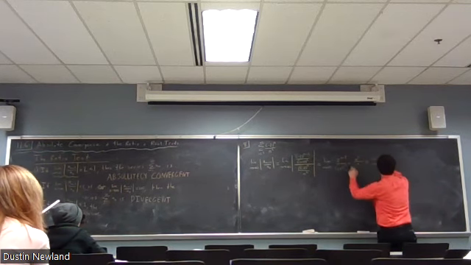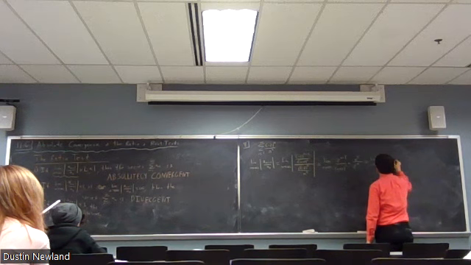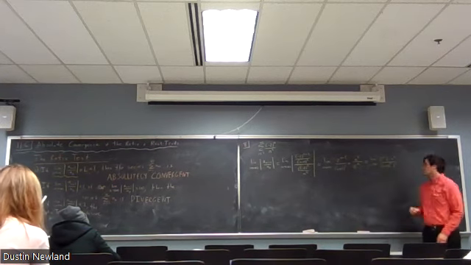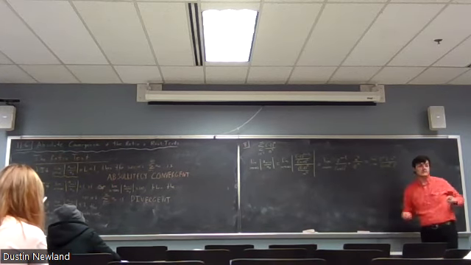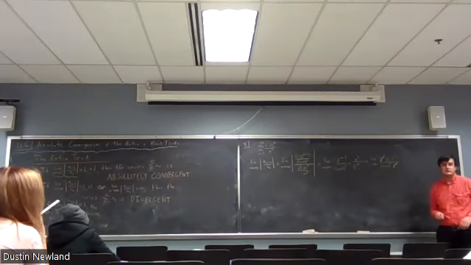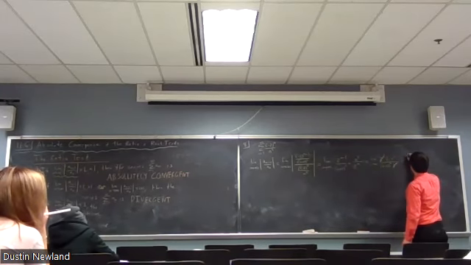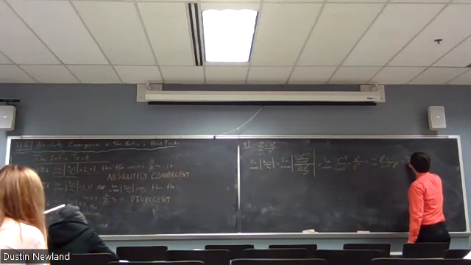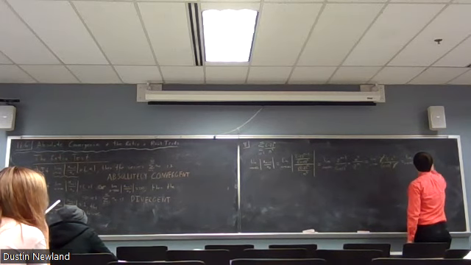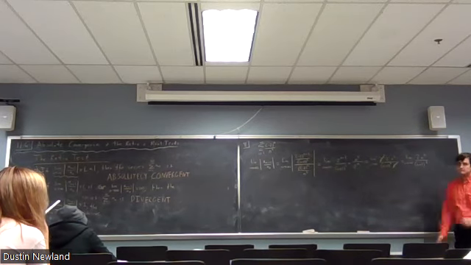The 2 to the n plus 1 is 2 to the n times 2, times n squared over n plus 1 squared times 2 to the n, right? Now notice we have 2 to the n, we have 2 to the n. Those are going to cancel with each other, right? So I'm left with the limit as n approaches infinity of 2 times n squared over n plus 1 squared.